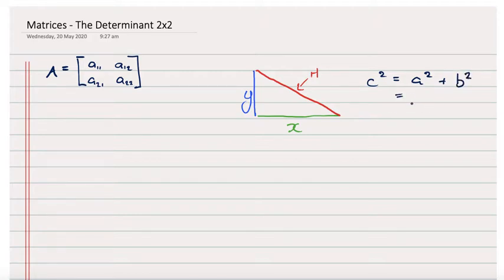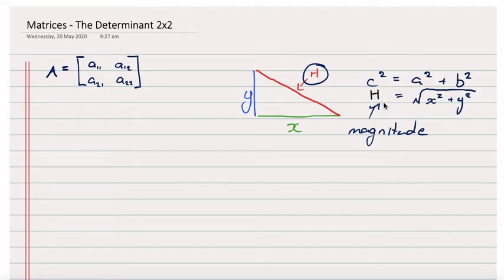So c is going to be the square root of x squared plus y squared. We could refer to this as the magnitude of this particular triangle, so h is equal to the magnitude.